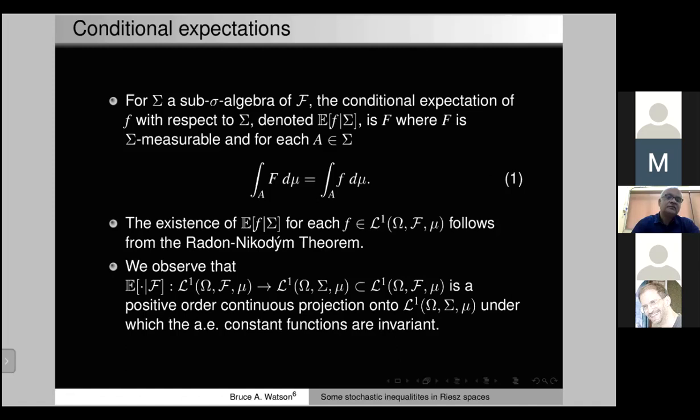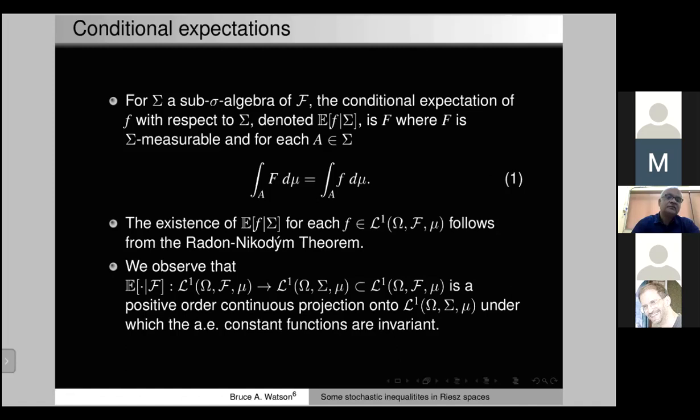The existence of the conditional expectation operator on L1 follows from the Radon-Nikodym theorem, and we also note that the conditional expectation operator maps from the L1 space omega F mu to L1 omega sigma mu.